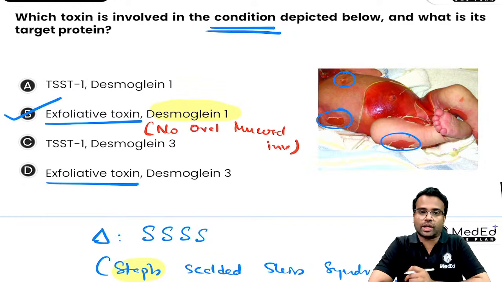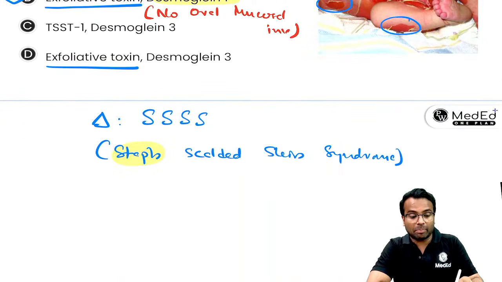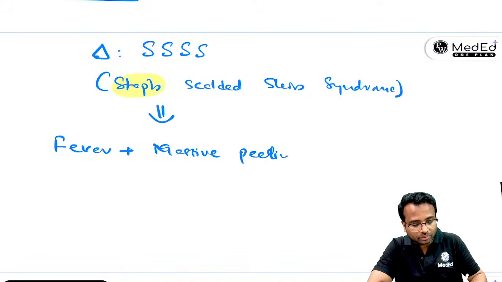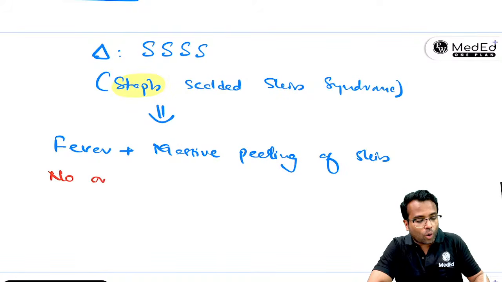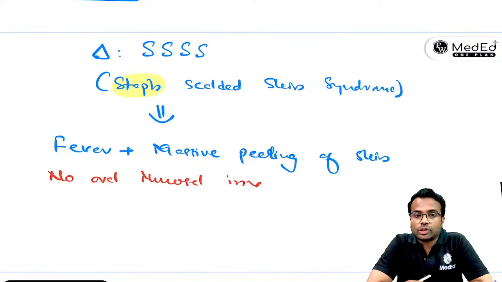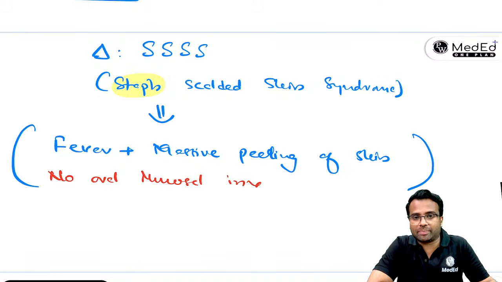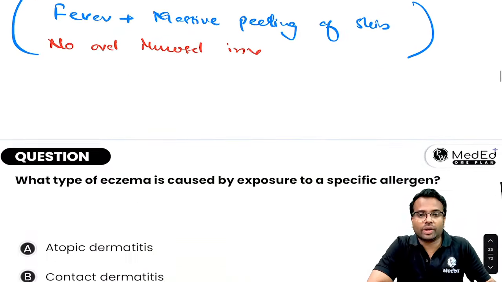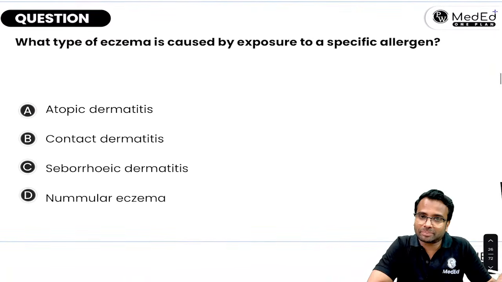So for your exam, please remember how the presentation is going to be: fever plus massive peeling of the skin, and no oral mucosal involvement. So when you see this combination in your exam, think about staphylococcal scalded skin syndrome. Very good. Happy to see that all of you are answering it right. Good thought process. Let's keep going now.